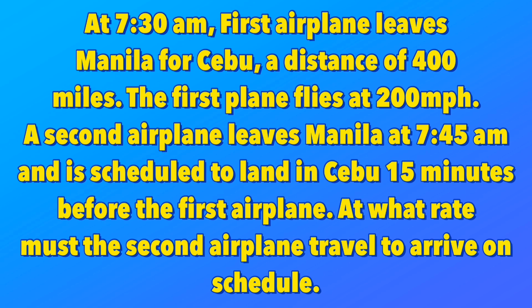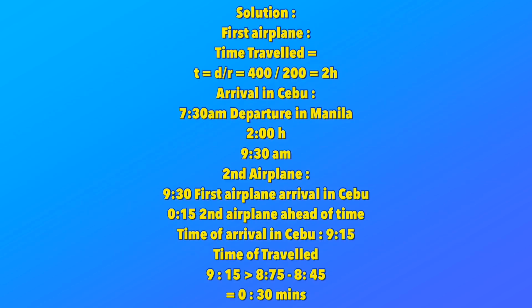So our solution, first airplane, we have to get the travel time. So we will use the formula T equals D over R, and the distance covered by the first airplane is 400 miles, and the rate is 200 miles per hour. Then we're going to divide, 400 divided by 200, 2 hours.